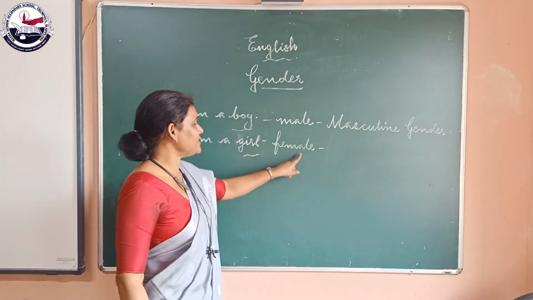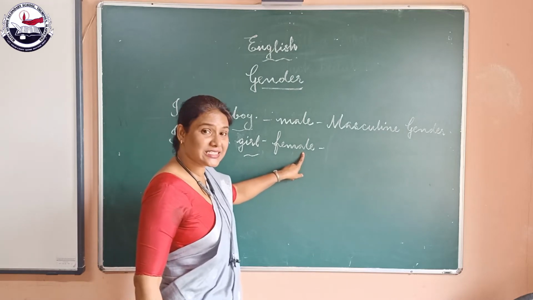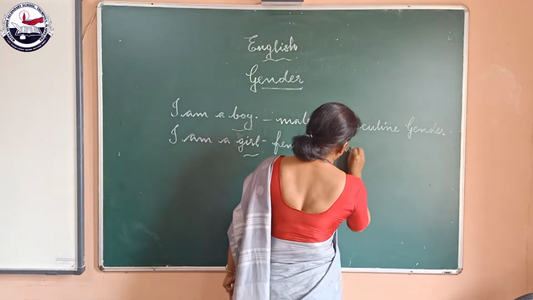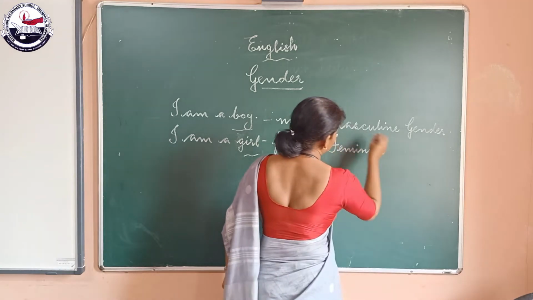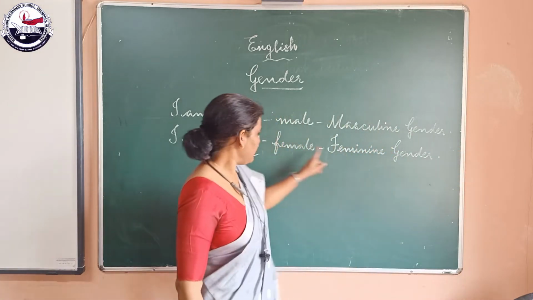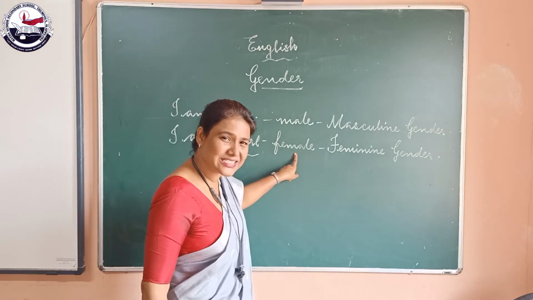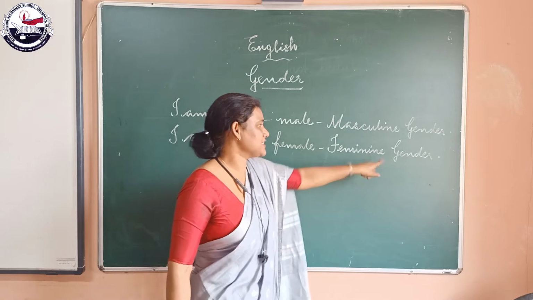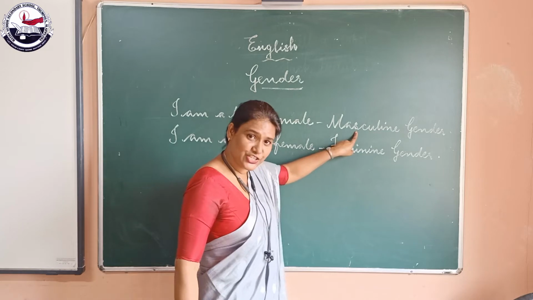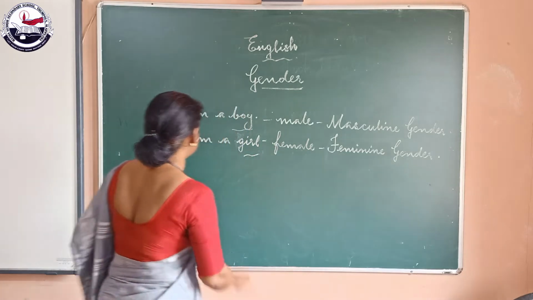Therefore we say this is feminine gender, because the word girl belongs to female gender. So clear? First one, masculine gender. Second one, feminine gender.